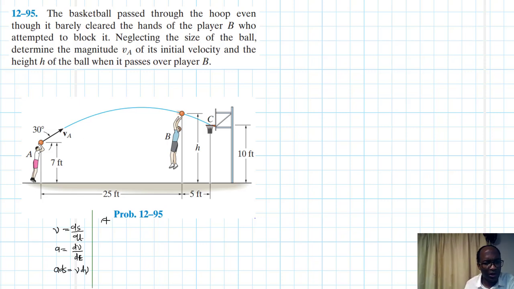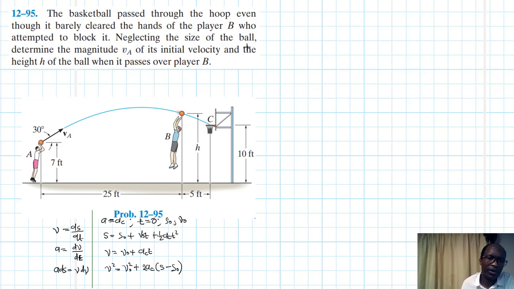One of the most common is when acceleration is constant: at t equal to 0 we have s naught and v naught, and s is equal to s naught plus v naught t plus half a_c t squared. v is equal to v naught plus a_c t, and v squared is equal to v naught squared plus 2 a_c (s minus s naught).